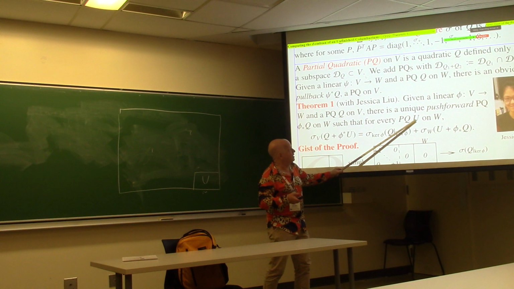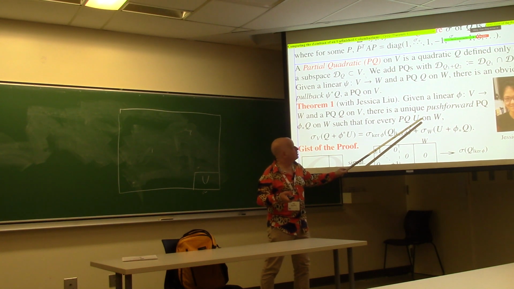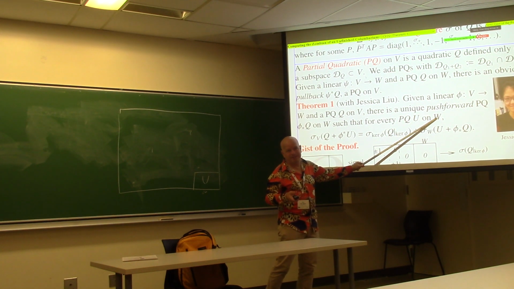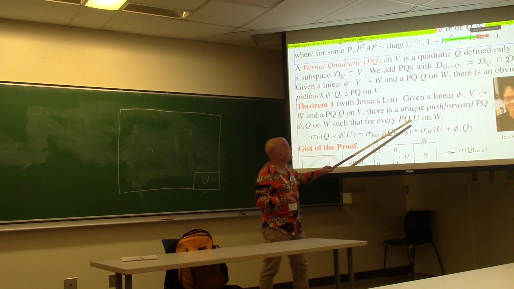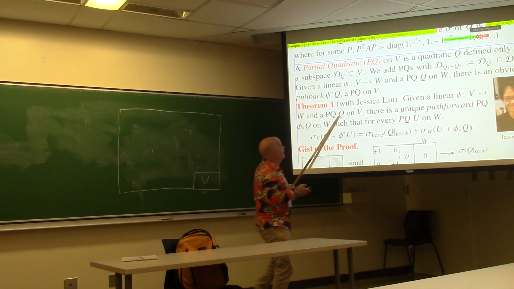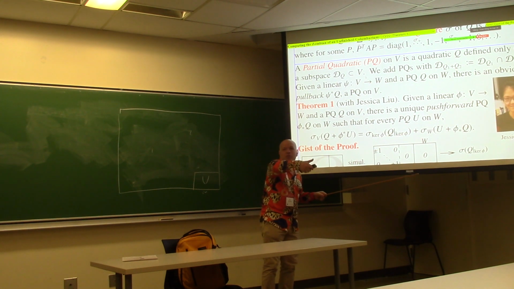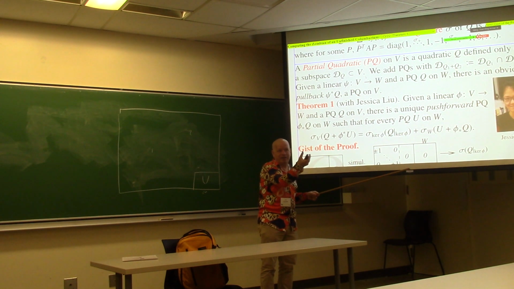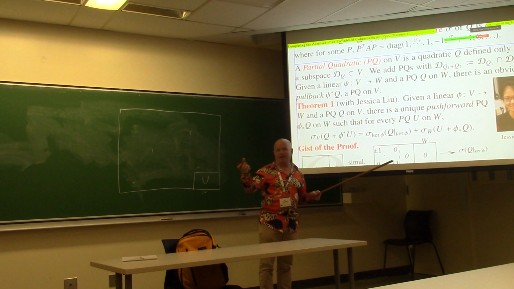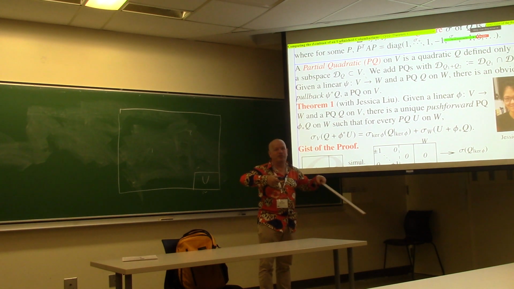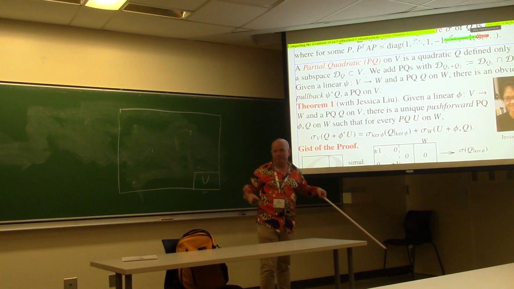Whenever you have a partial quadratic U on the target vector space, you should be thinking of Q as the known quadratic and U as the unknown part, and it's defined on the relatively small target of the forgetful map, which forgets everything that we know except the boundary.